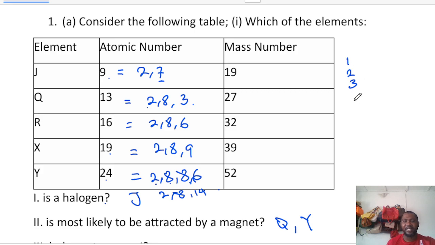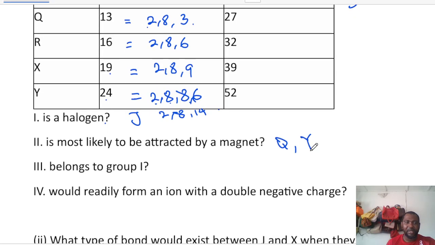Transition metals can also be attracted by a magnet. So that's why we have Q and Y.